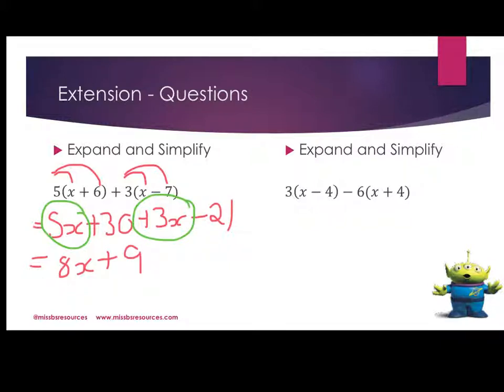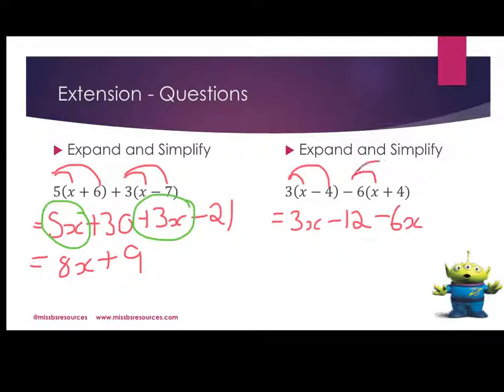Okay, the second question, we're going to do 3 times x, which is 3x. Then we're going to do 3 times negative 4, which is minus 12. Then we're going to do, be careful, we've got minus 6, so be careful of that. We're going to do minus 6 times x, which is minus 6x.